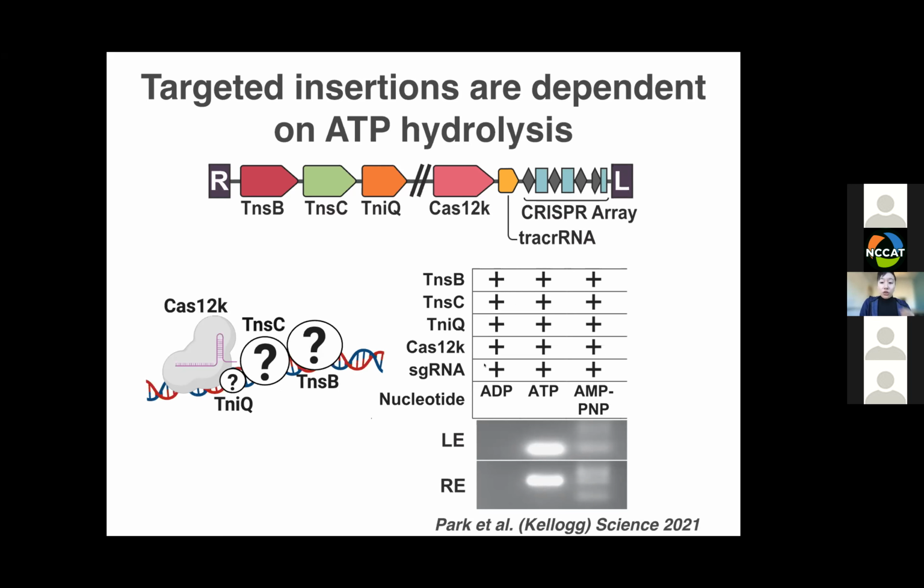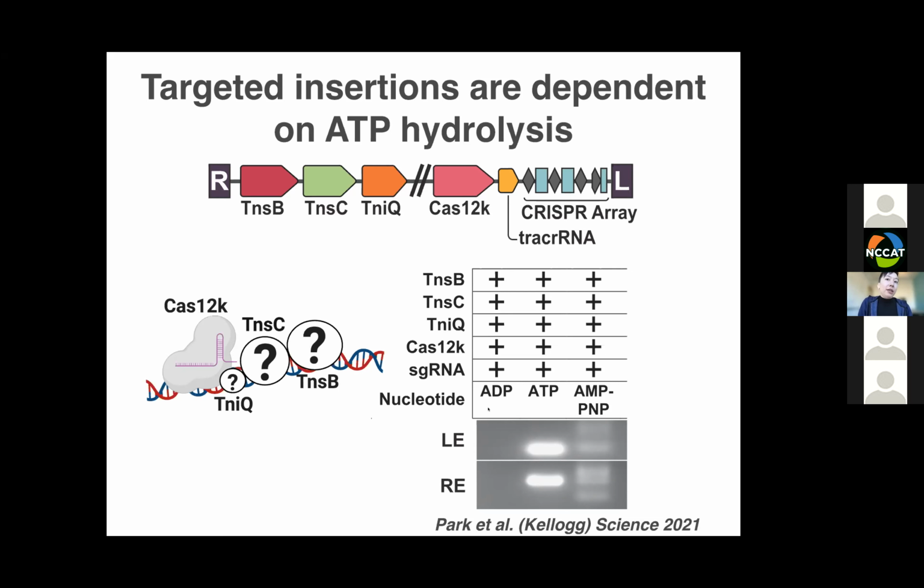If the insertion occurred as planned, we would see a really bright band for the left and the right end of those insertions. And in the presence of ATP, everything went as planned. We saw a really bright band for the left and the right ends, which indicated that the programmed DNA insertion was occurring as we expect in the presence of ATP.